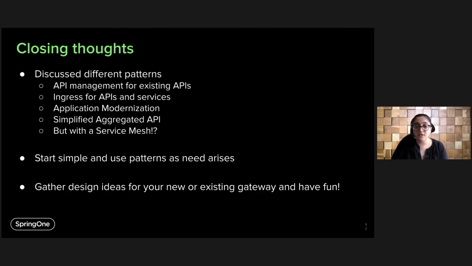And if you're just starting out new or refactoring an existing gateway, we hope that we've given you some ideas to play around with. And as always, start simple, and you can add as many patterns as your need arises. And hopefully there are some design ideas for you to play around with.